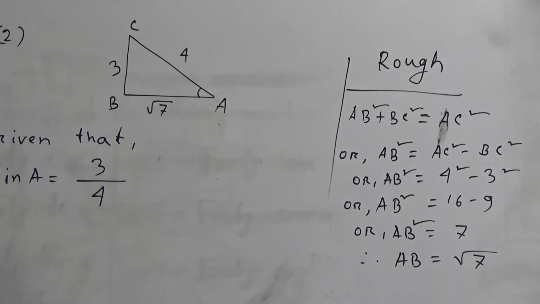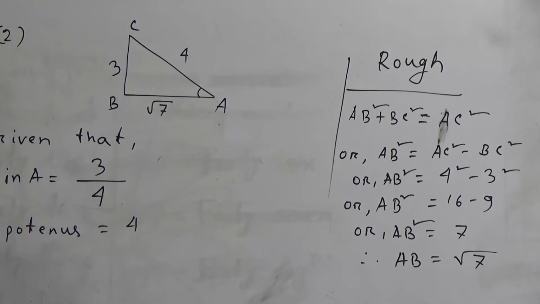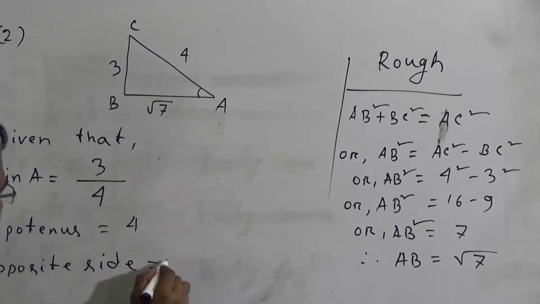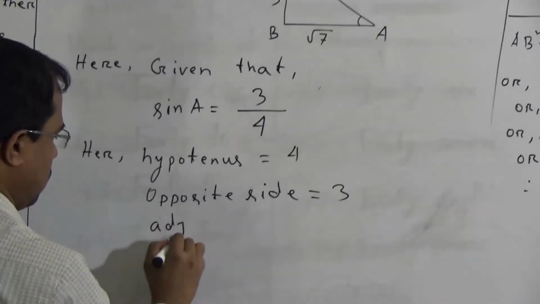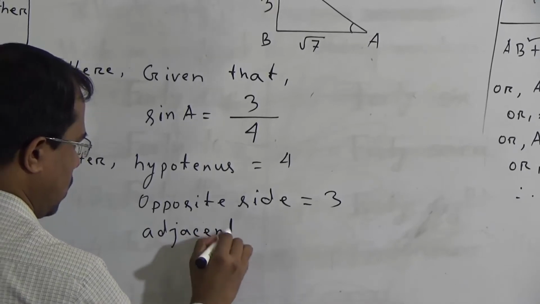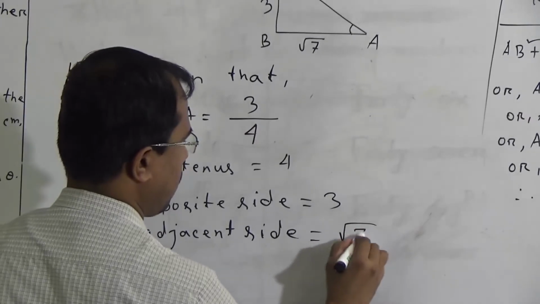So, we can write here hypotenuse is equal to 4, opposite side is equal to 3, and adjacent side is equal to root 7.